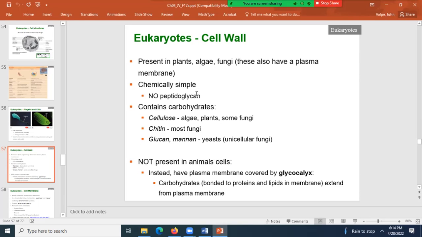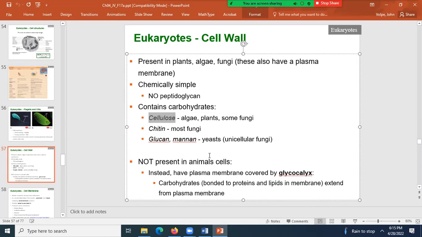However, the cell wall, if it's present, is chemically simple. For plants and algae, which are the only ones we're going to talk about, the cell wall is only composed of cellulose. We're not going to talk about the cell walls of fungi and yeast. They're made up of something other than cellulose.